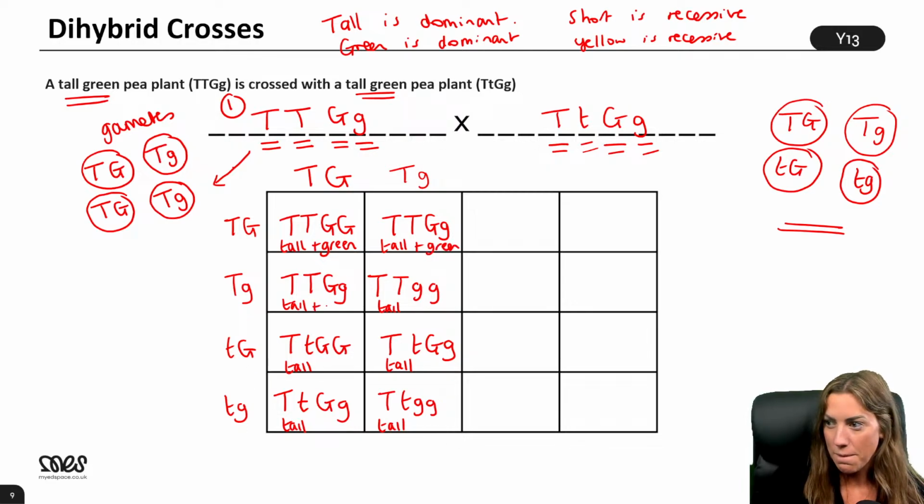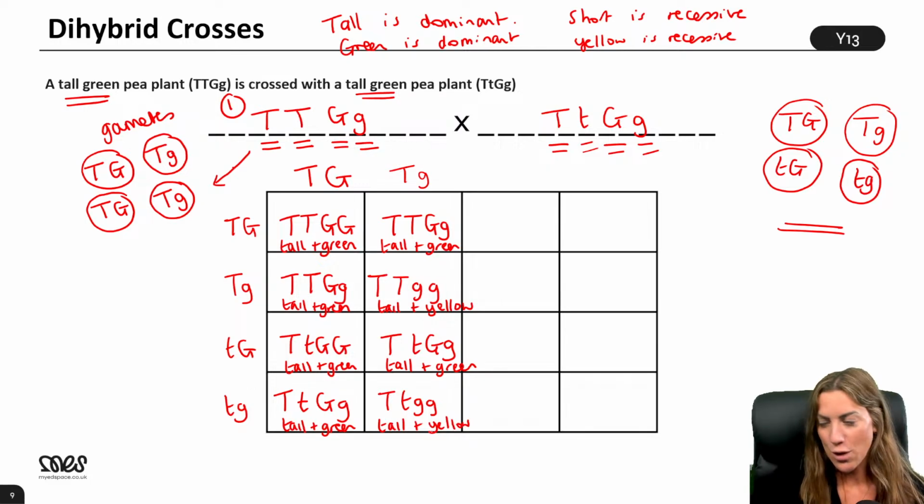Grace says no. Yeah, we've got a yellow here. Ooh, and a yellow there. Okay, Grace says 2 are yellow. Yes, I got the same as you, Grace. What's the ratio then, guys?